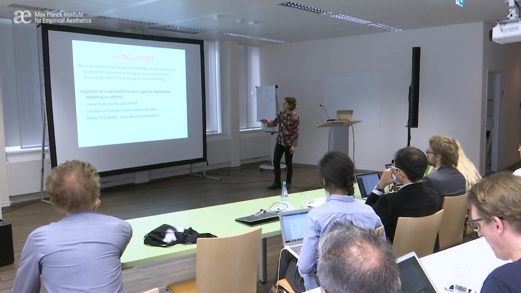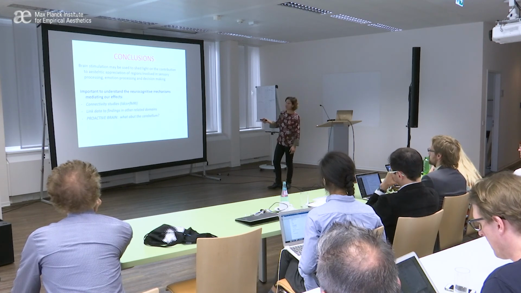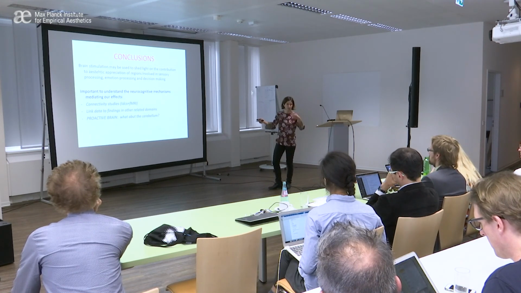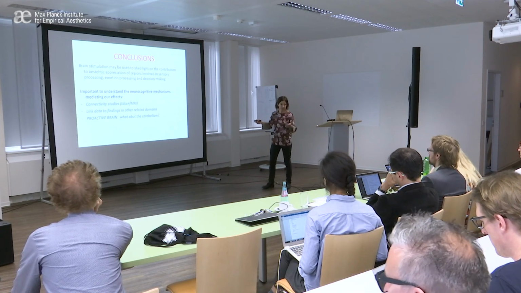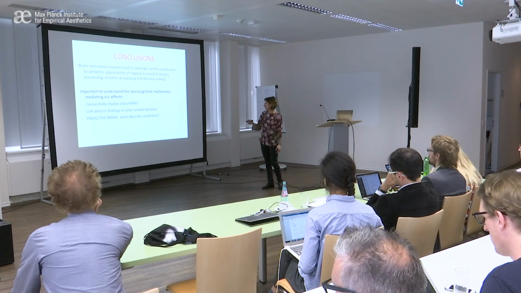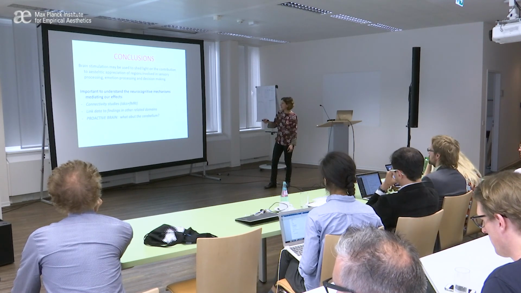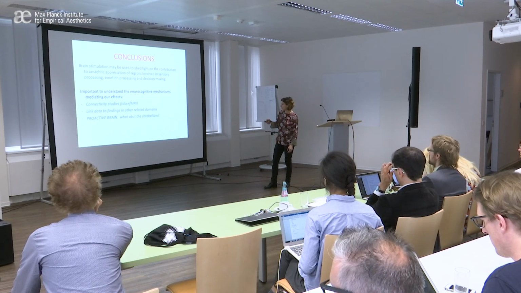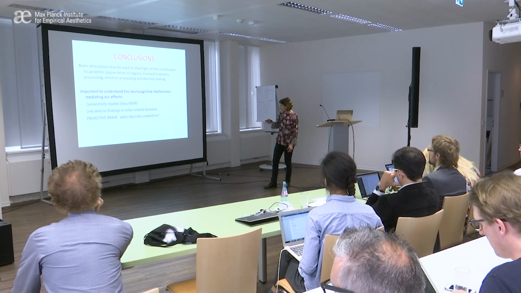We need to link our data to findings in other related domains, such as mind wandering, the default mode network, depression, so clinical studies as well. And then there is this idea of the proactive brain that I find very interesting.